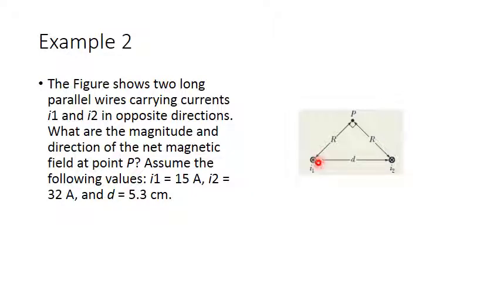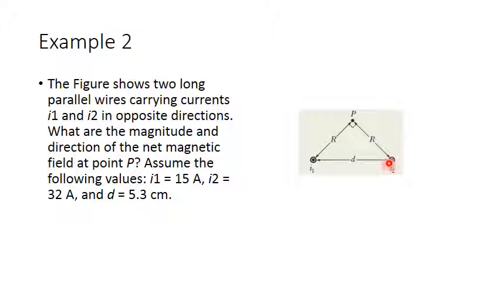So in the case of the current I1, the current is coming outside the screen. If we put our thumb such that it's going out from the screen, we will see our four fingers are facing anti-clockwise. Effectively in this case, it would be normal in this direction.